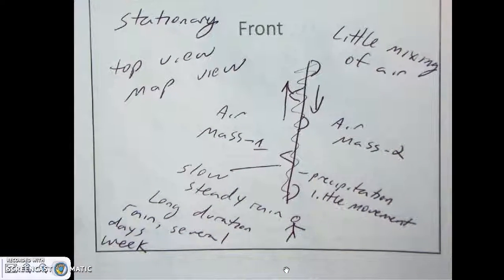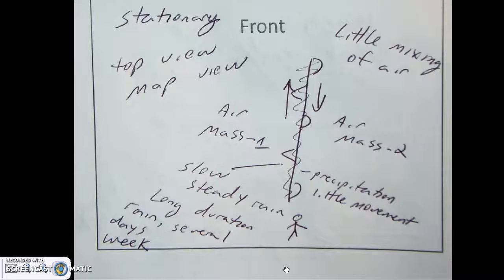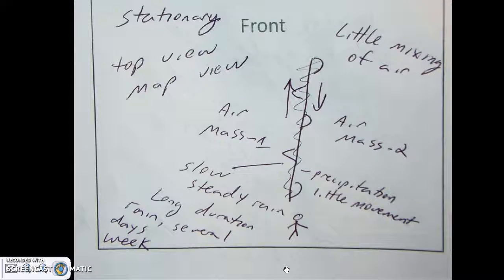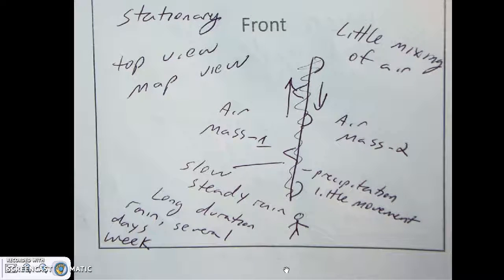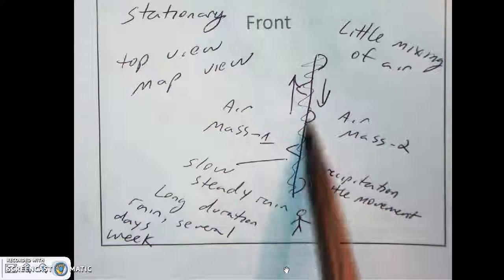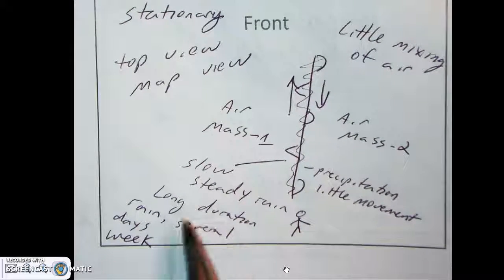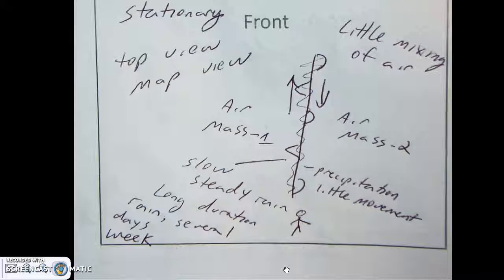So not really severe weather. You're probably not going to get thunder and lightning. Just slow, steady rain that lasts a really long time. Eventually it'll clear out or break down, but you have very little mixing of the air, so you have precipitation along the front, long duration rain that's going to last several days, maybe up to a week.